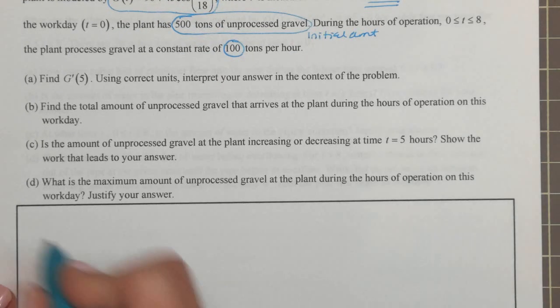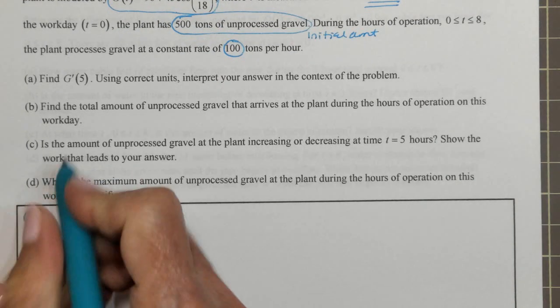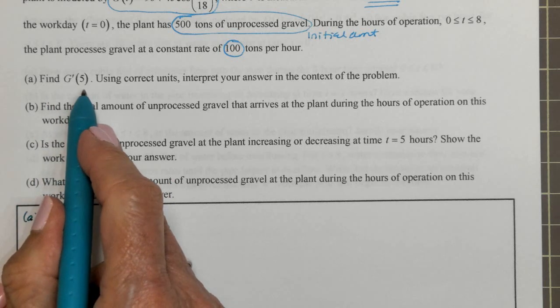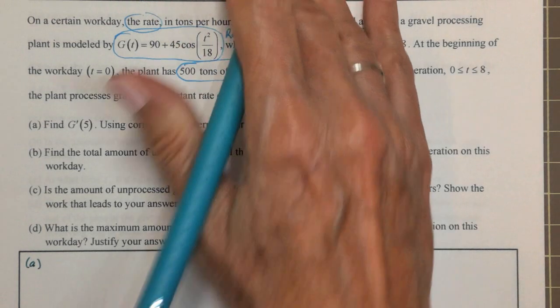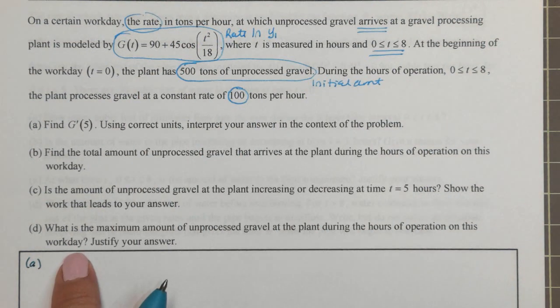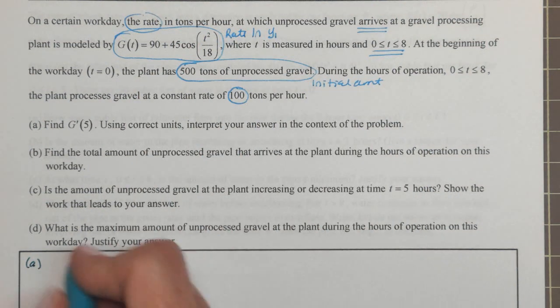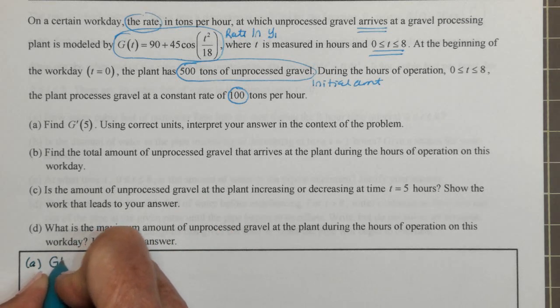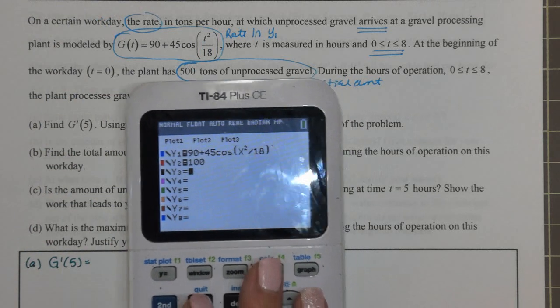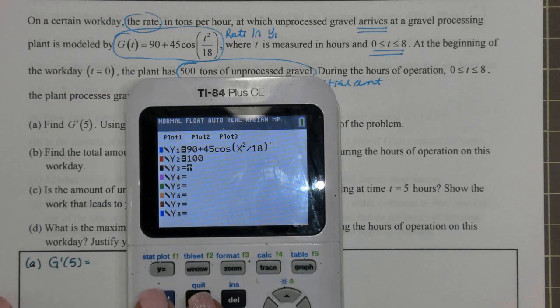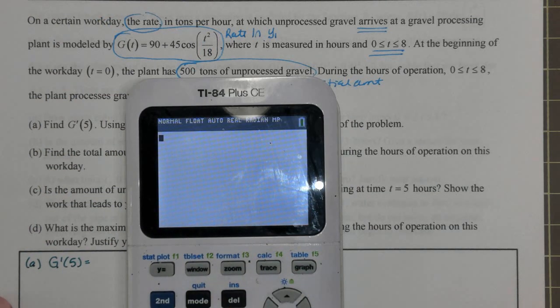All right, part A. Find G prime of 5. Well, they gave me G. I want G prime. I have a calculator. G is stored in for my Y1. G prime of 5, not a problem.